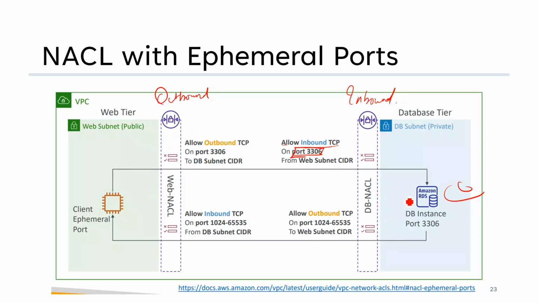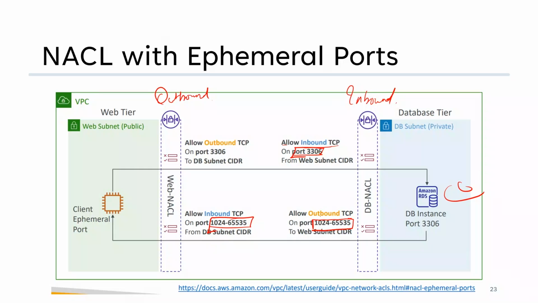So the NACL associated with the private subnet should have outbound TCP on any of these ephemeral ports, because the response will be on the ephemeral ports. And this web tier must have inbound TCP on any of the ephemeral ports. Otherwise, the response will not get received by the web tier.